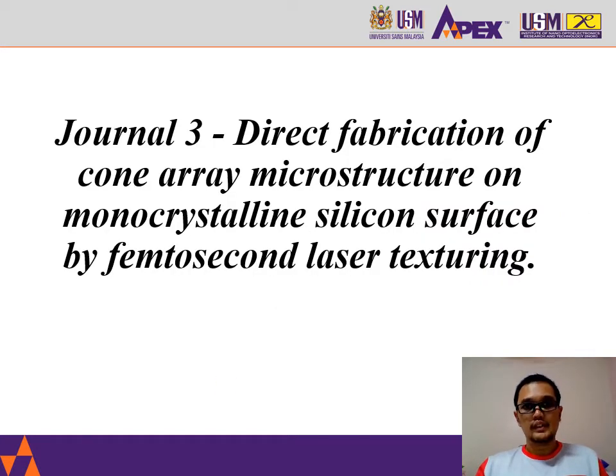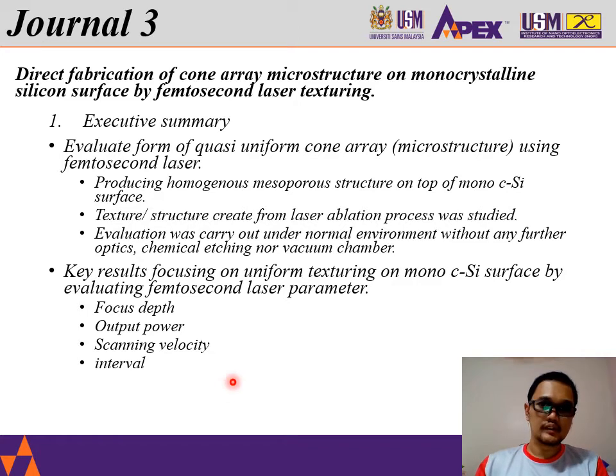Okay, the last journal which I selected has the title, direct fabrication of cone array microstructure on the monocrystalline silicon surface by using a femtosecond laser texturing. Unlike the other two journals, this uses a different method from alkaline chemical etching, using direct laser exposure or laser ablation on top of the monocrystalline silicon surface.